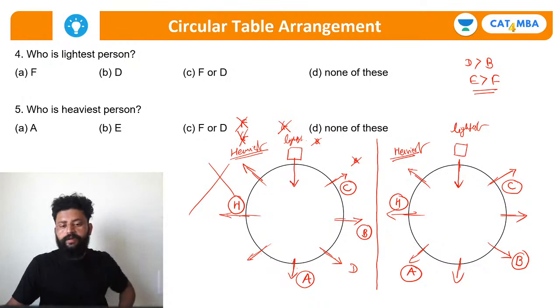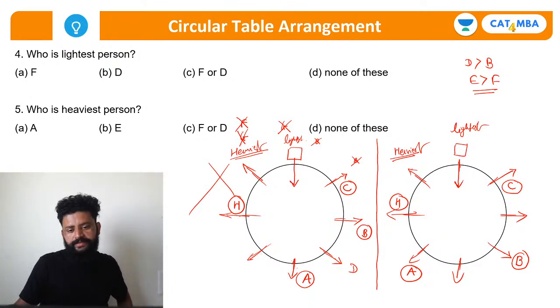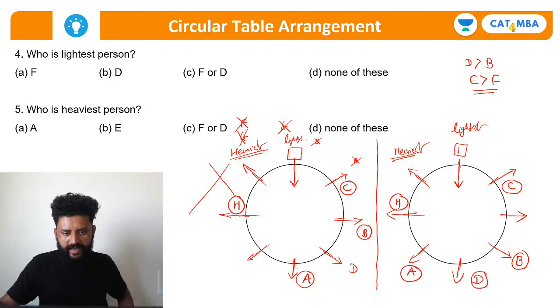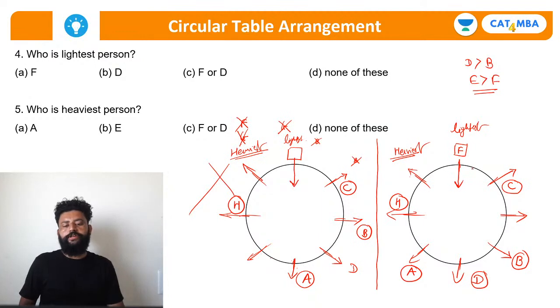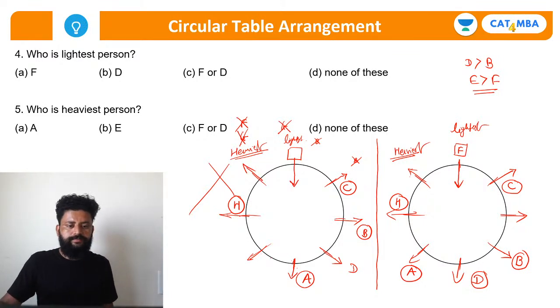D is sitting opposite to F. Where can D be? D is heavier than B, so there is only one possibility here, and it sits opposite to F. If we take it here it won't work, because it's not opposite B, it's opposite F, so F must be the lightest person. We have got it. Now G is not the heaviest.